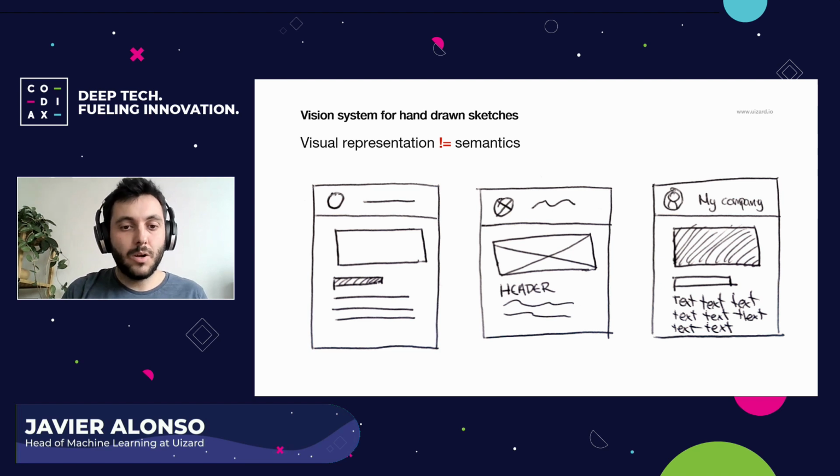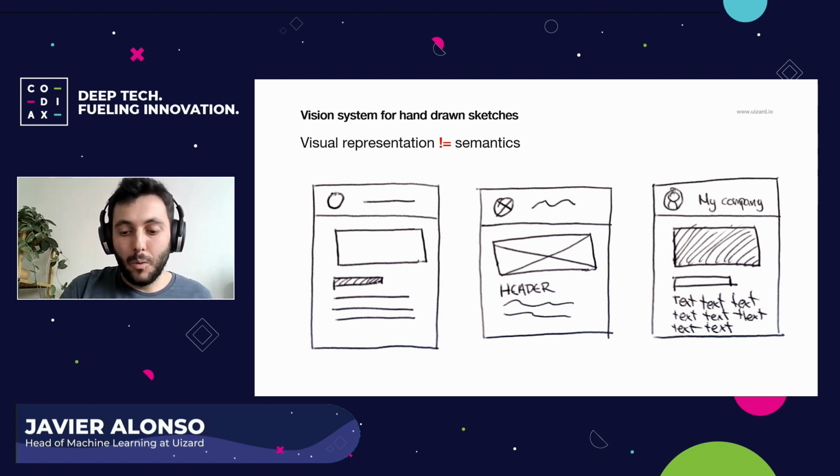As an example, you have here 3 different wireframes with the same semantic representation, but completely different visual representation. This is because we as humans draw on an abstraction level that is not common for all of us. And yeah, this complicates things quite a bit.